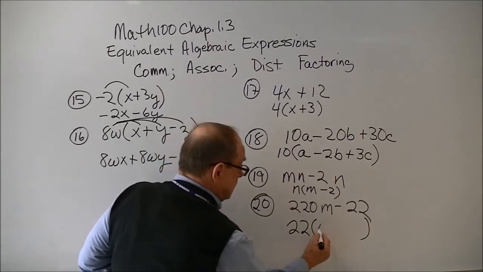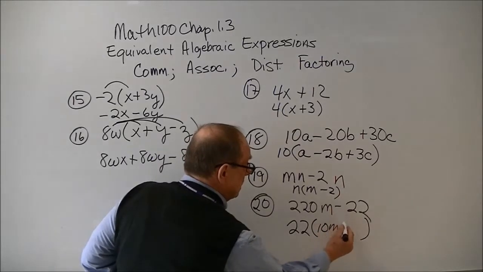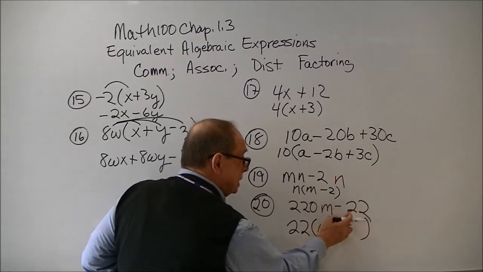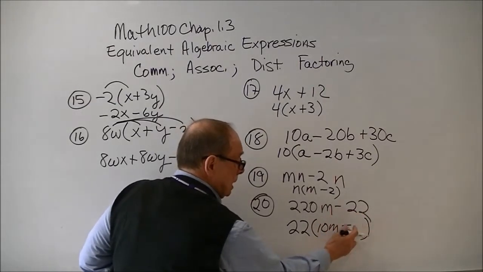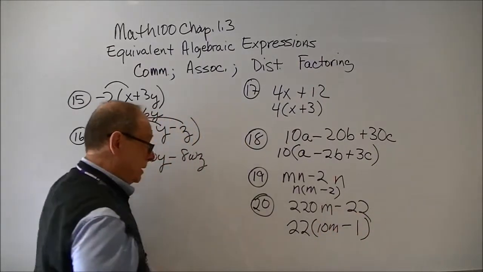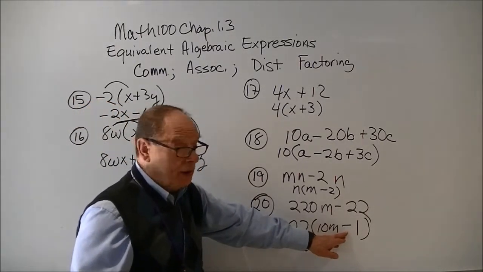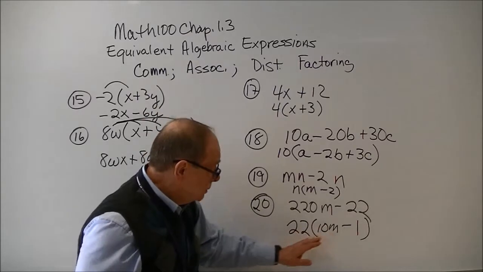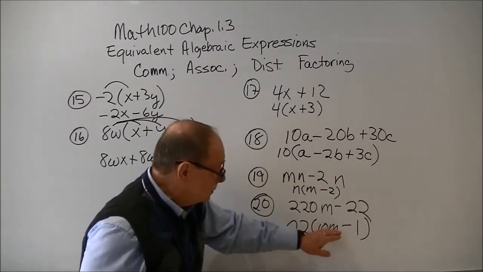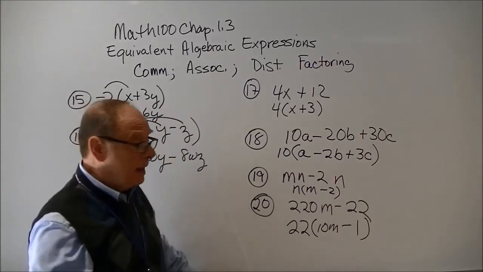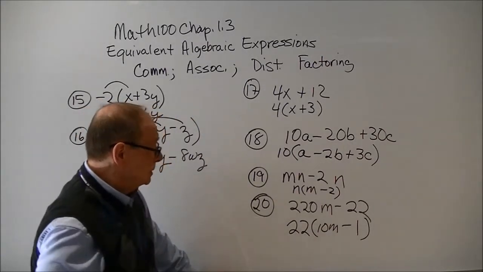And you're left with a 10m here, minus, well, 22 times what is a negative 22? A negative 1. Sometimes students forget to put the 1 there, and then if they tried to distribute this, they wouldn't get that answer without the negative 1 there. That's why it's important to check things.